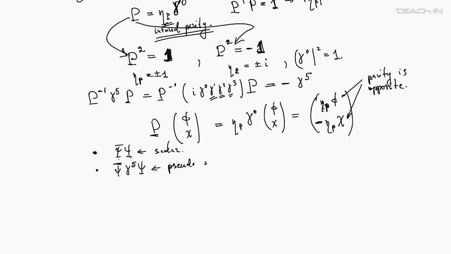You also see that this object goes to minus itself under parity transformation, exactly due to the property that under parity gamma 5 goes to minus gamma 5.